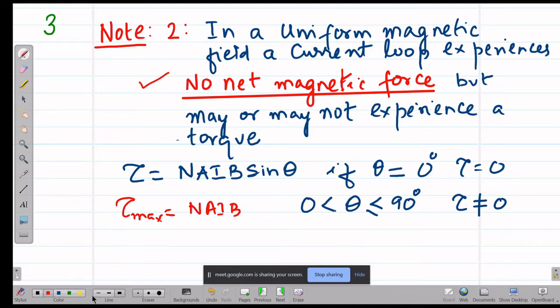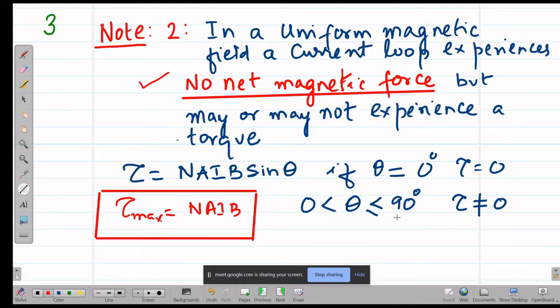So the point I am trying to make is the following: if in a uniform magnetic field you have a current loop, then that current loop will not experience any magnetic force. However, it will experience a torque. This torque will depend on the angle at which the coil or the loop is inclined in the field.